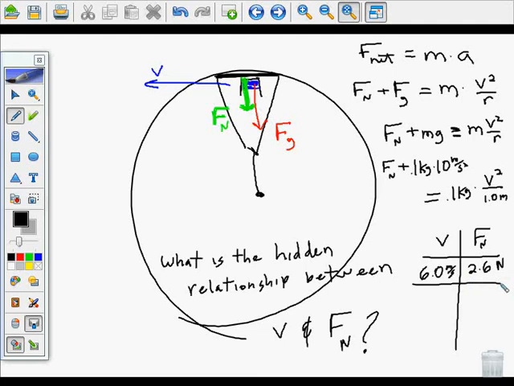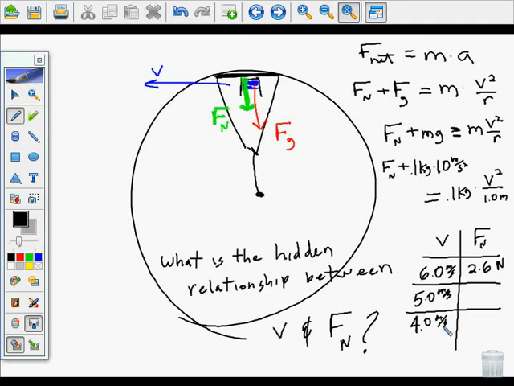So let's say we weren't spinning it fast. Let's say we were spinning it at 5 meters per second. What would the normal force come out to be? And then what if we were spinning it at 4 meters per second? Let me split the class right down the middle.